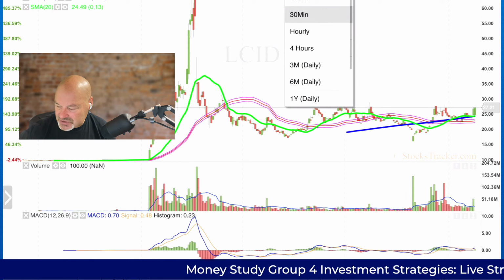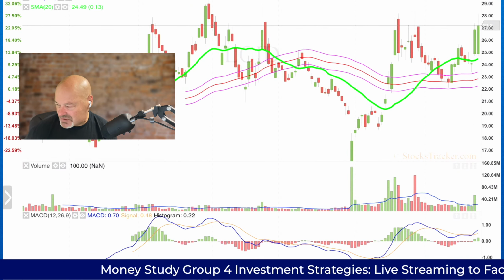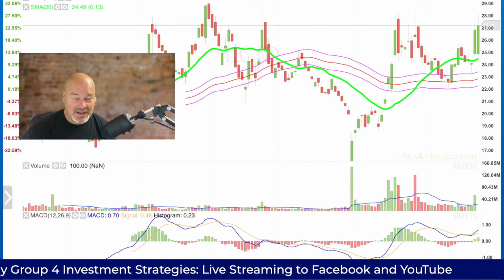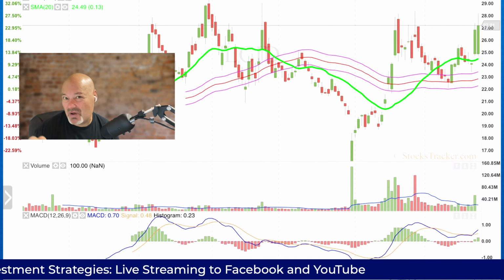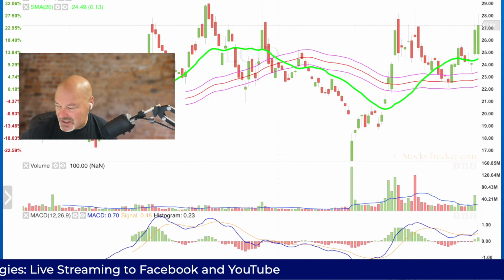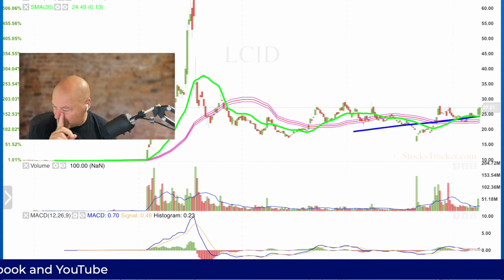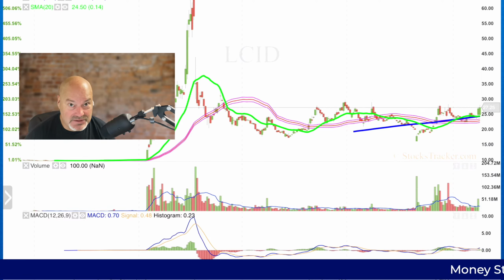They make electric cars that are kind of luxury cars. So I'm going to show you a 6-month chart. You see how much it goes up and down? That's one of the things that happens with small company stocks. Imagine if you were making an investment in a small company, it's going to start out with a lot of risk.